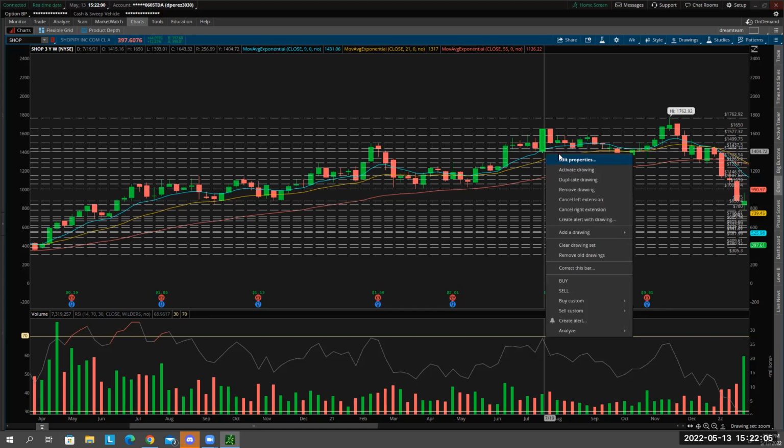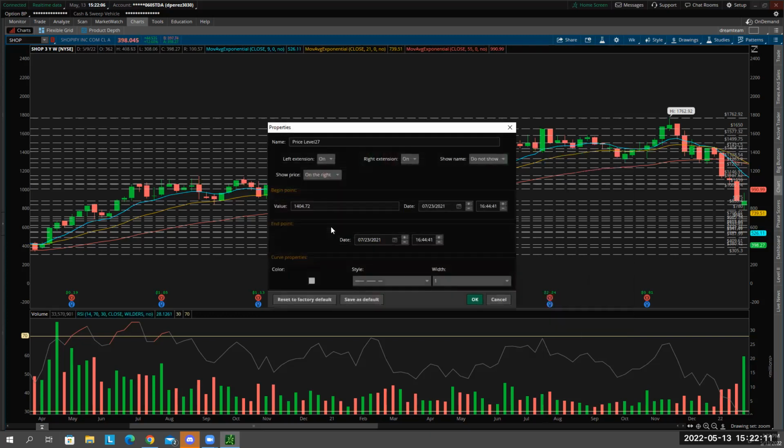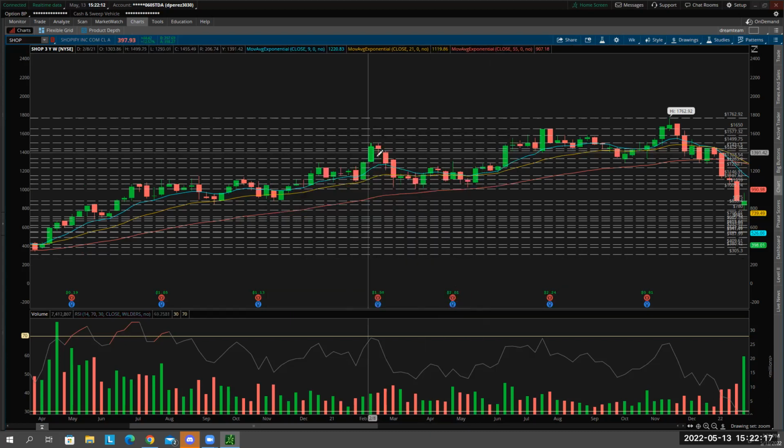1393.01. Sorry, wrong level. Open. Where's the open? 1415.16. That's fine. 1415.16. Nice level. All right. Support here.